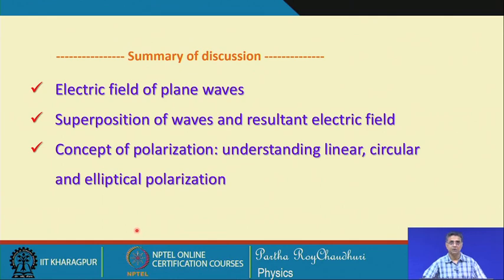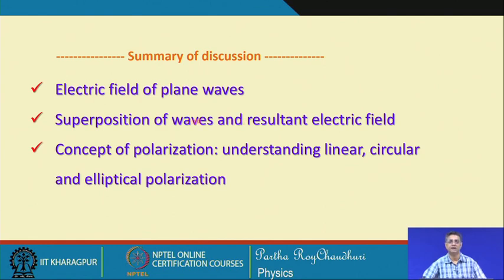So, through this discussion we tried to understand how we can simply write the electric field for electromagnetic waves, the plane waves, and the plane wave is very useful because throughout optics and photonics we use this plane wave formulation. Then to understand how the superposition of these plane waves can be mathematically tackled, we looked at the resultant waves of coherent sources, which give rise to interference.